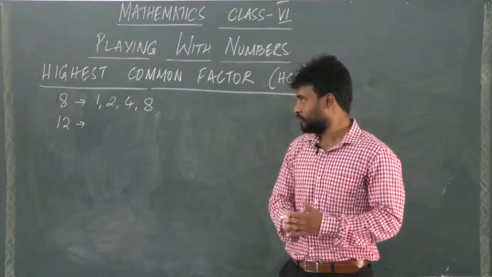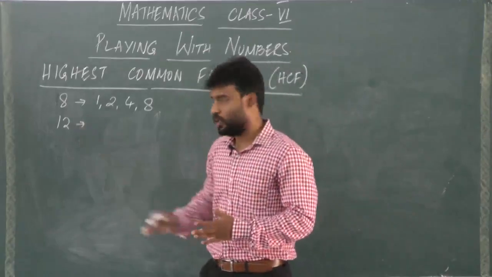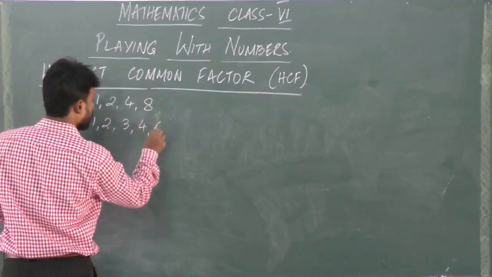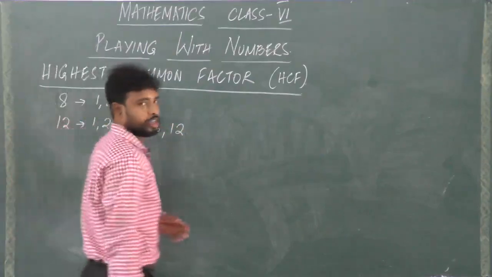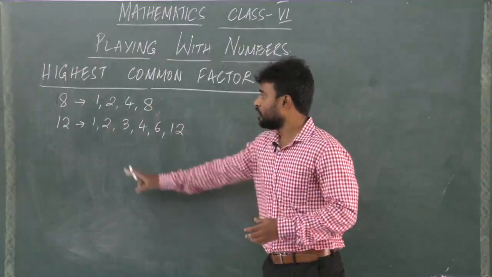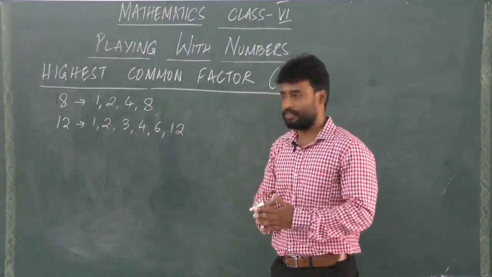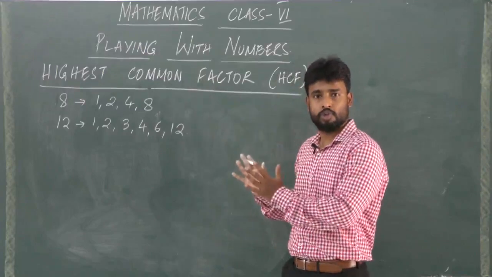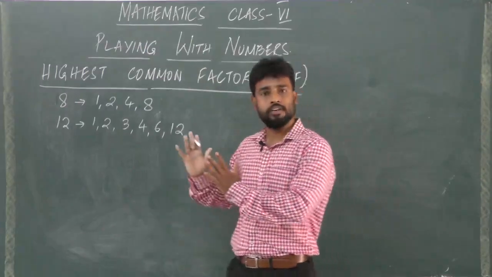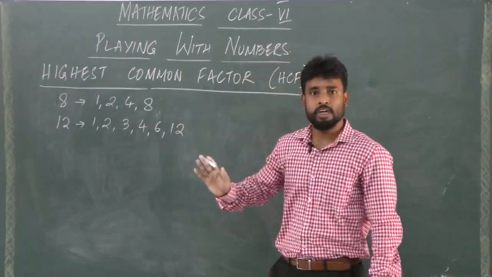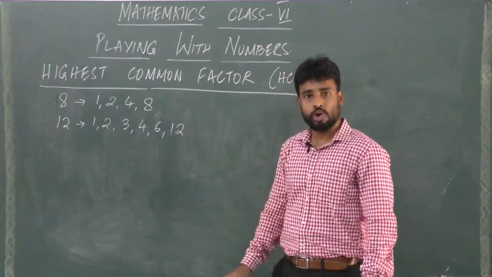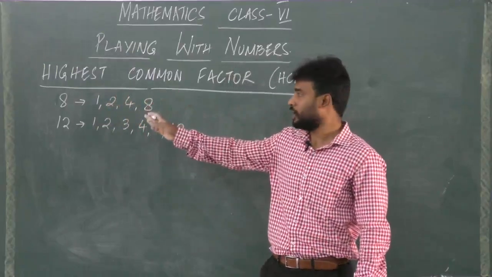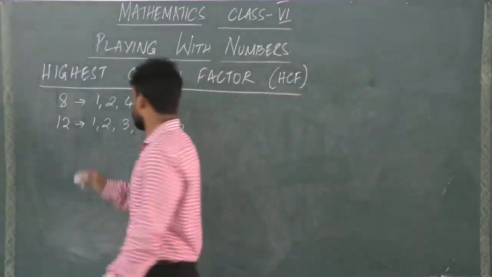Now we'll find the factors of 12. We get 1, 2, 3, 4, 6 and 12. Next comes common factor. In the first step, we found the factors. Now in the second step, we'll find the common factors. So we'll circle whatever common factors are there between 8 and 12.